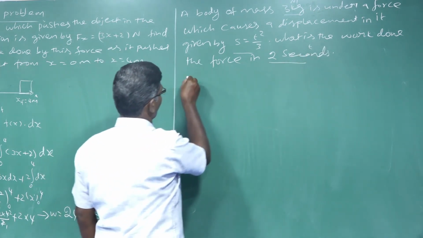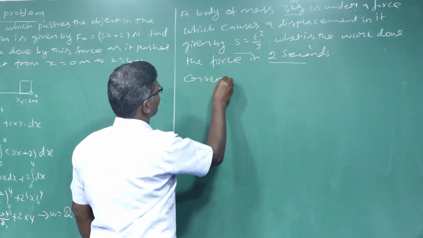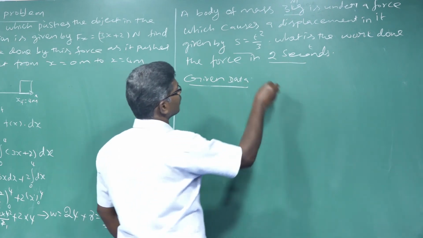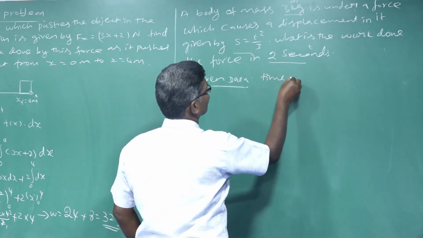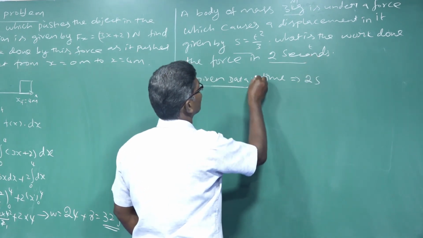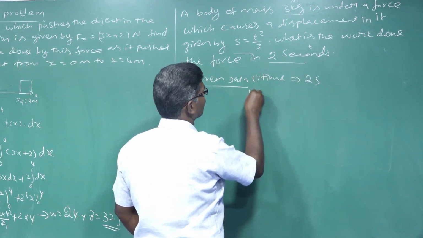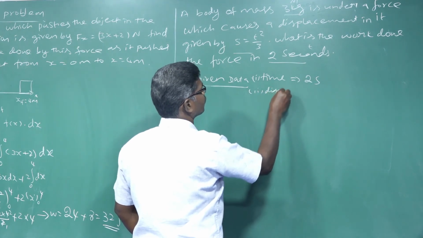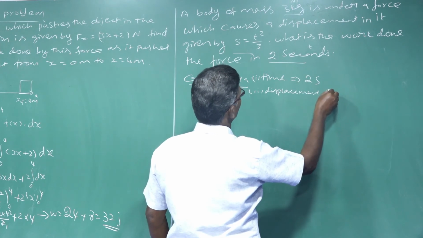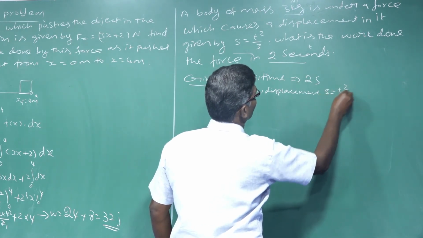So given data: time is 2 seconds, displacement S is equal to t squared by 3.